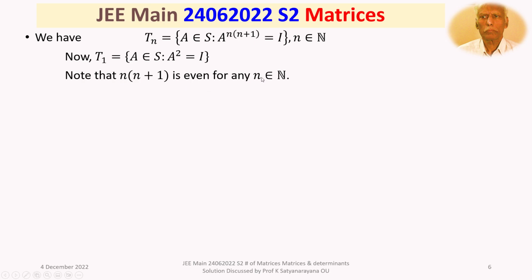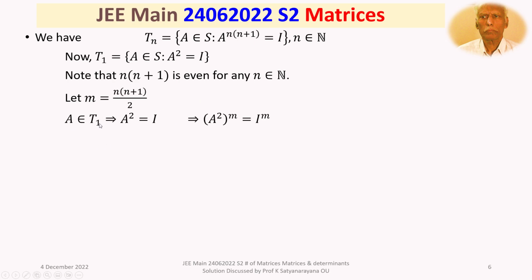So n into n plus 1 by 2 is also a positive integer. Let that be m, so m is equal to n into n plus 1 by 2, which is a natural number.